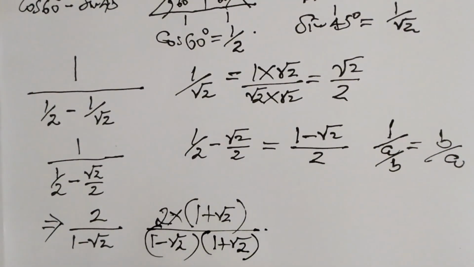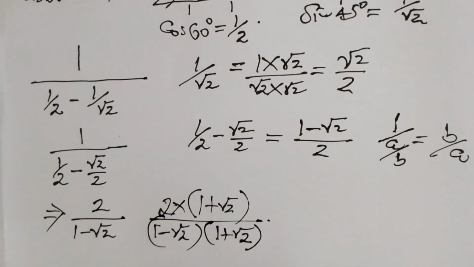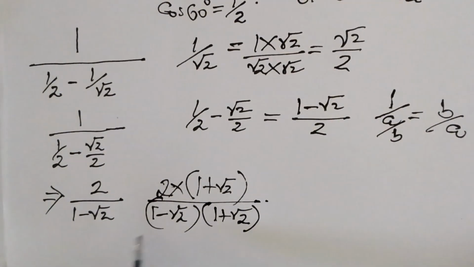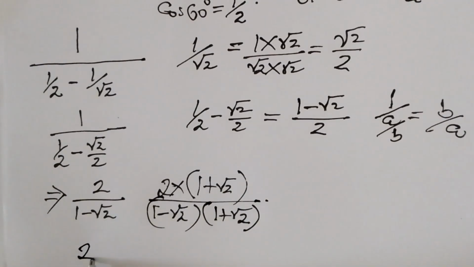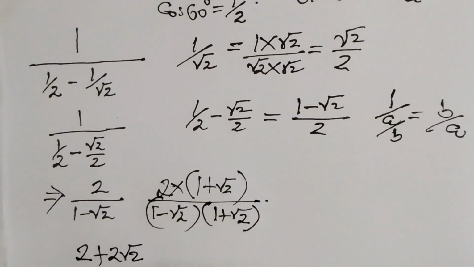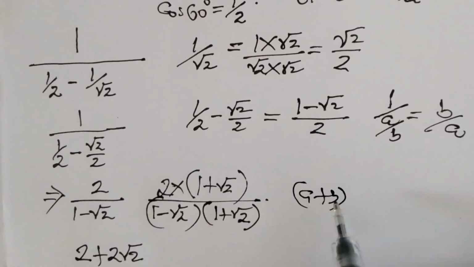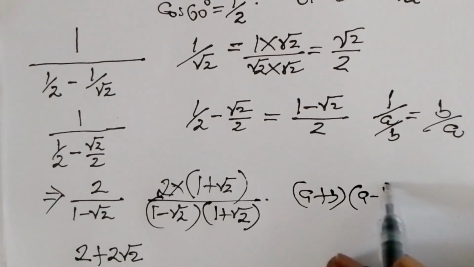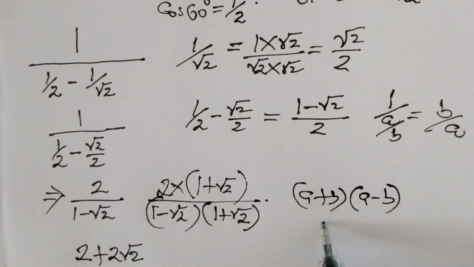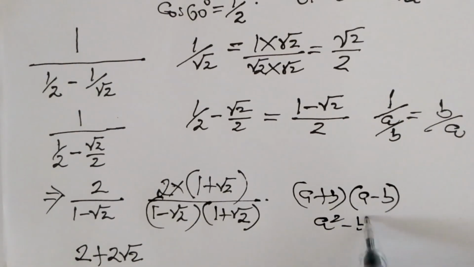So when you simplify the numerator, 1 times 2 gives you 2, plus 2 root 2. The denominator is now a difference of two squares: a plus b multiplied by a minus b gives you a squared minus b squared.